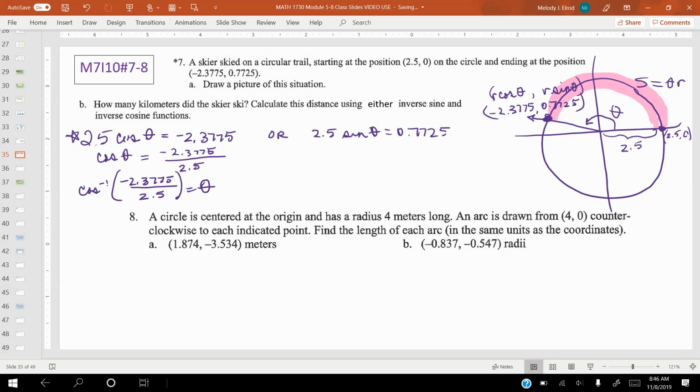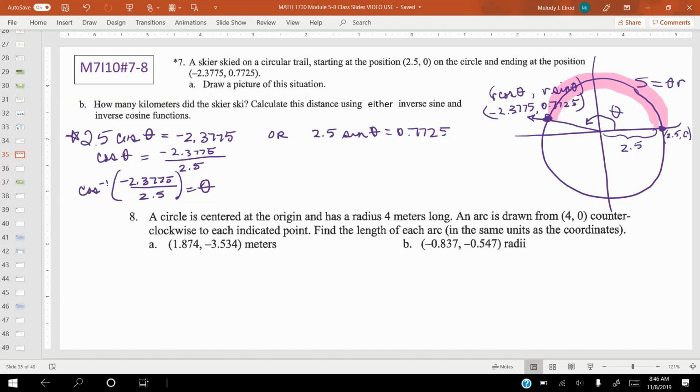So let's do that calculation. I don't have the convenient information on my screen here, so I'm going to use my graphing calculator in my hand. We're going to go second, inverse cosine of negative 2.3775 divided by 2.5.